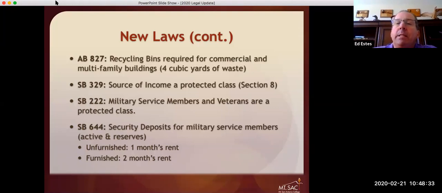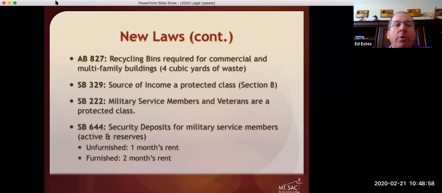All we can say at this point, landlords do not publish anything that says no Section 8s. If somebody calls you and says, do you take Section 8s? You would have to say, yes, if they qualify, please come in and fill out a rental application and let's see where you are. So that's where we are on this statute.